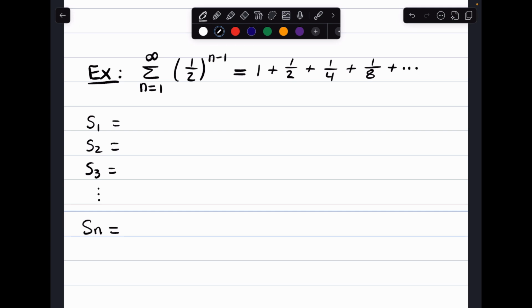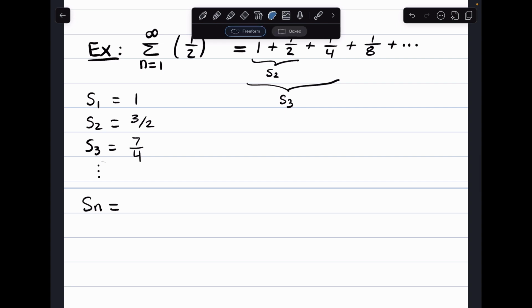And so my first partial sum is going to be 1. My second partial sum is going to be 1 plus 1/2, or 3/2. My third partial sum is going to be 3/2 plus 1/4, or 7/4.